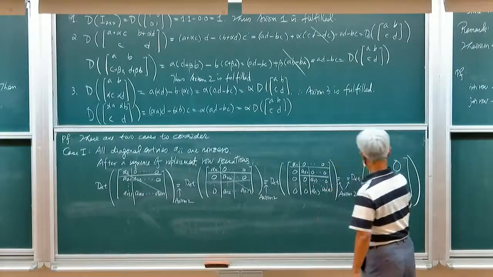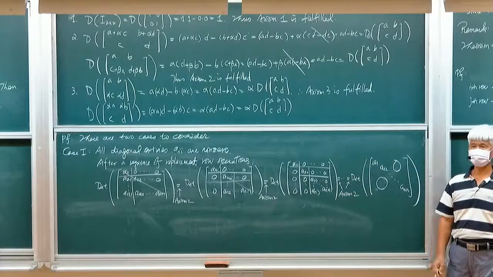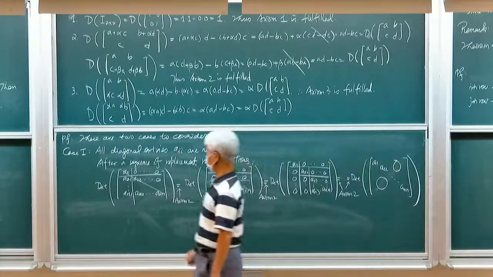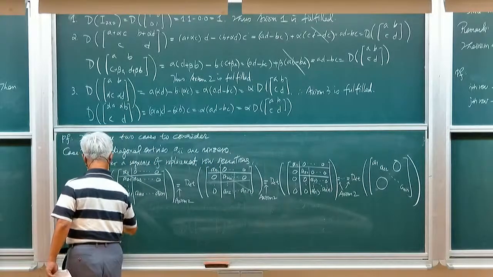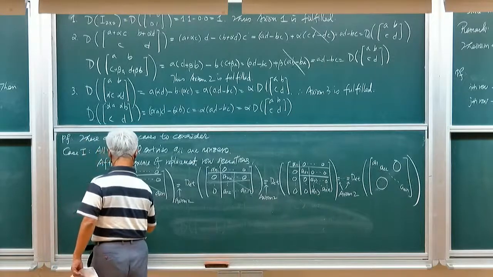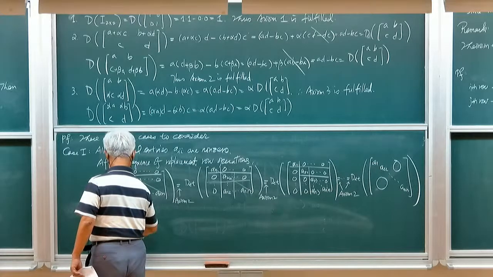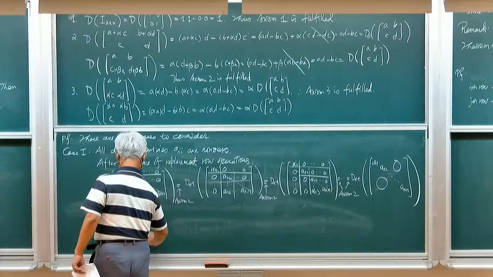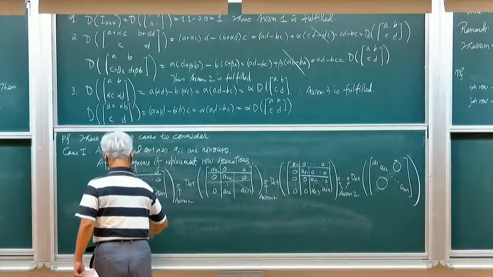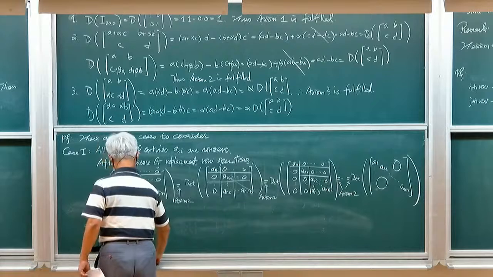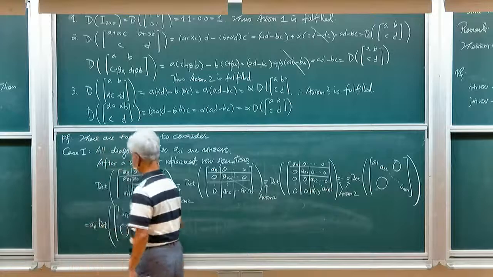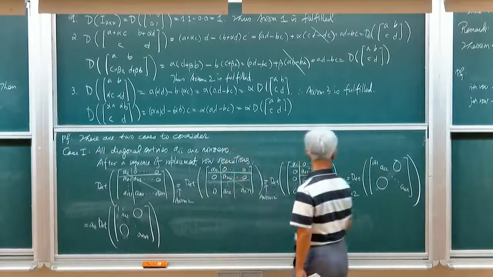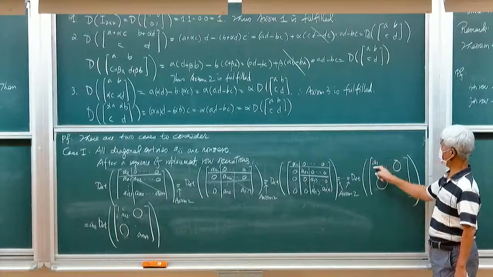All right, and now we're using Axiom 3, the scaling axiom. So this is equal to A11, 1, 0, A22. So it's just like you multiply the first row by A11.